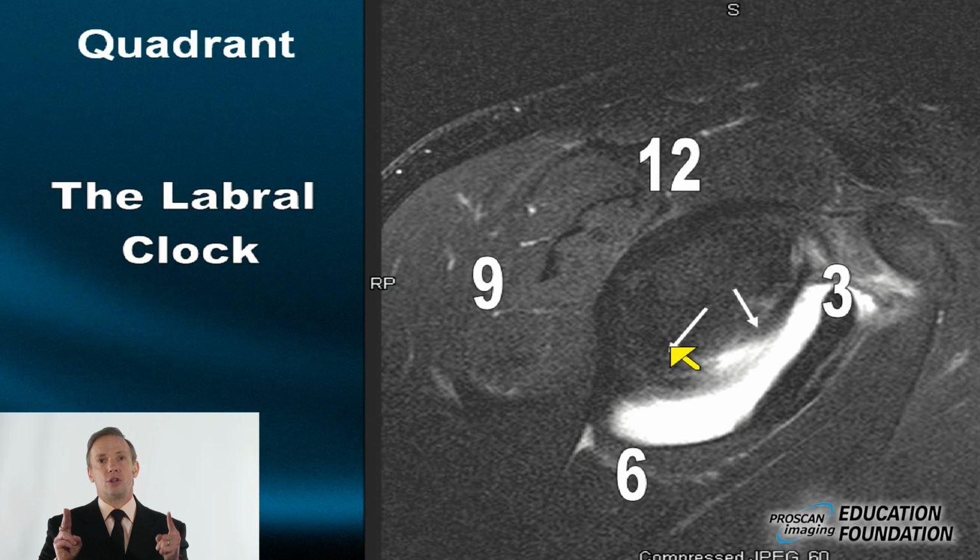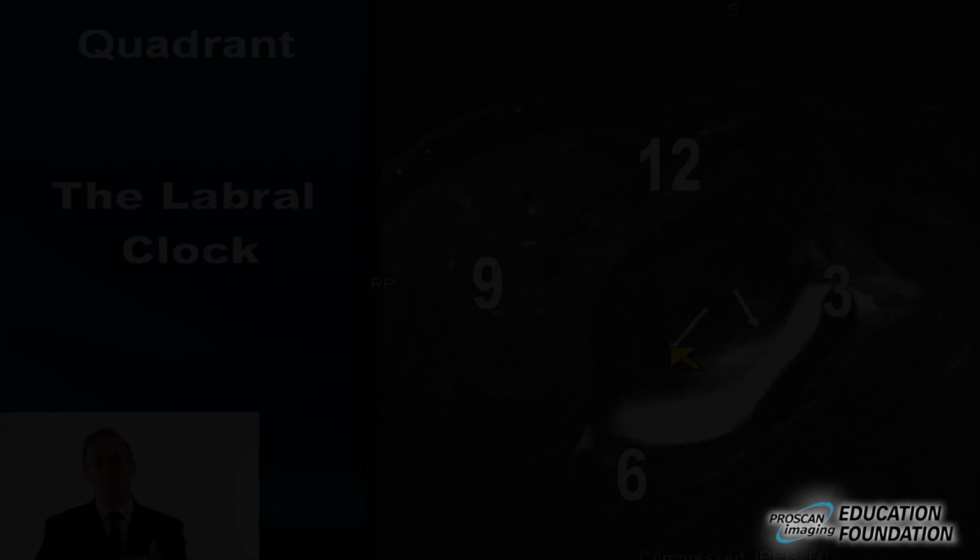But when we make that distinction, we always continue by addressing the location by quadrant, because the clock face can be a little confusing to primary care physicians and some general orthopedic surgeons. So I'll say 3 to 6 o'clock or the anterior inferior quadrant of the left shoulder.